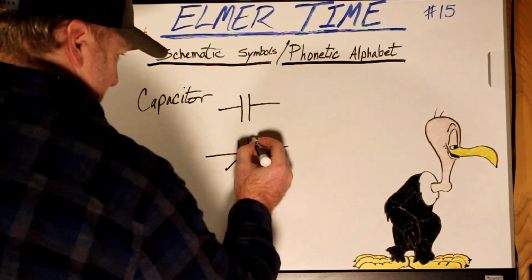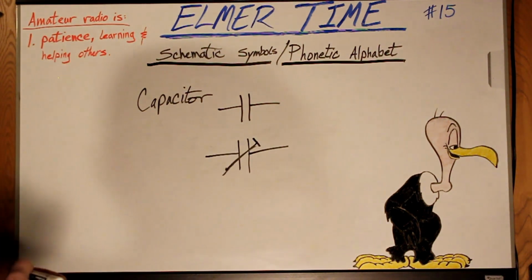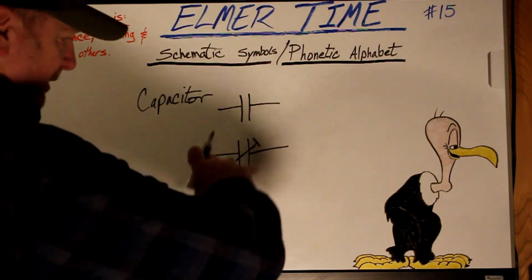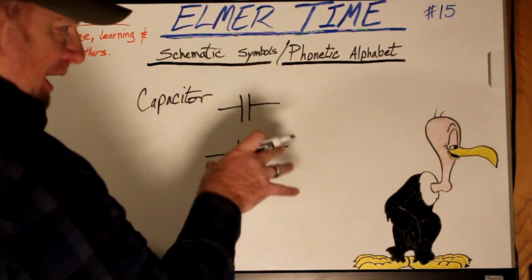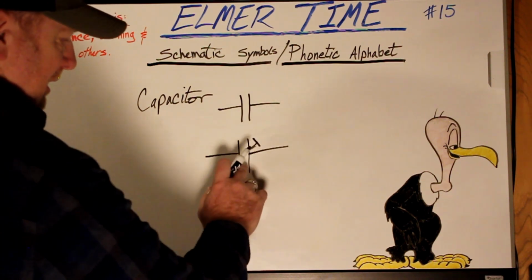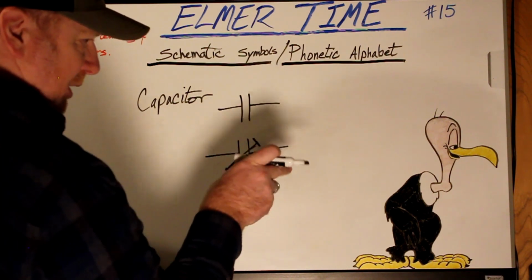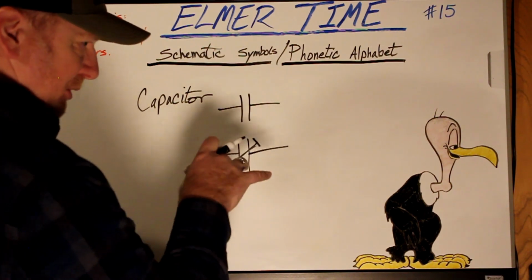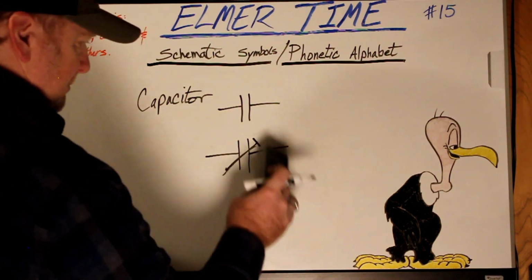There's a trimmer cap, which is a fixed variable, which means it's variable, but they've tuned it in the factory. Say if it was in a radio, those small capacitors that are on the board, they've tuned it to where it needs to be and maybe put some wax on top of it so that nobody can go in and mess with it. That would be a trimmer cap.